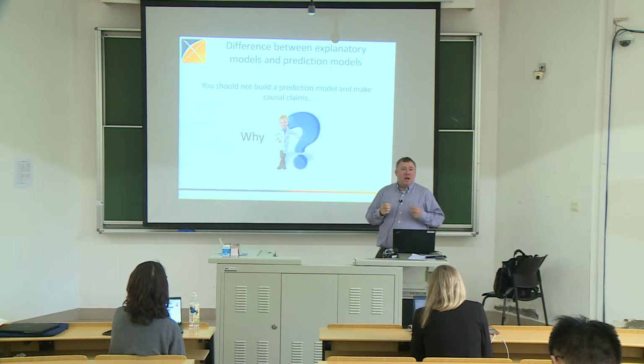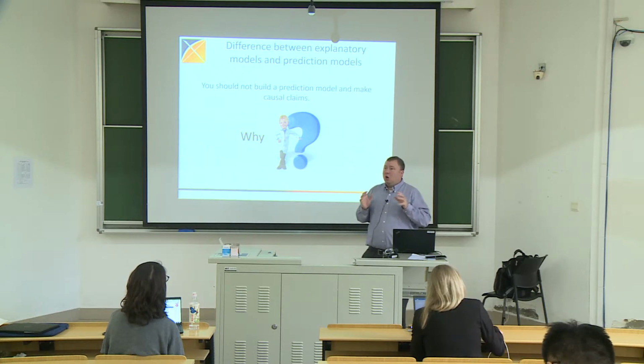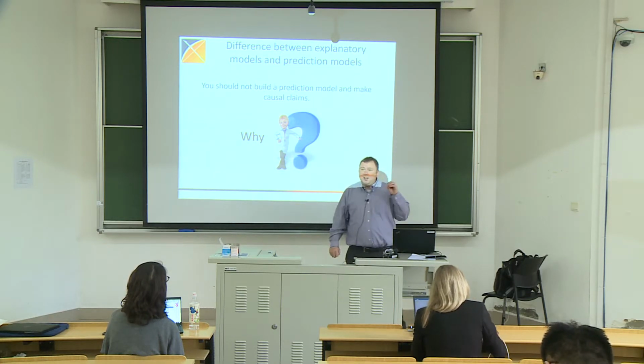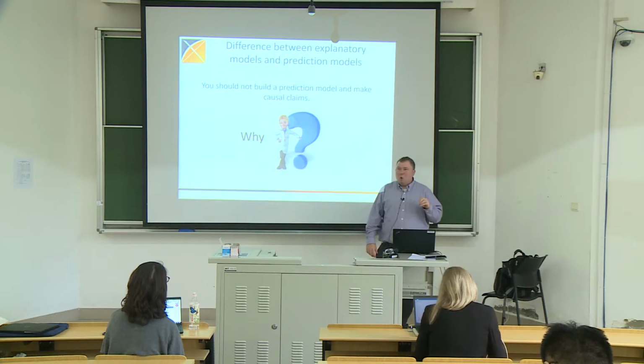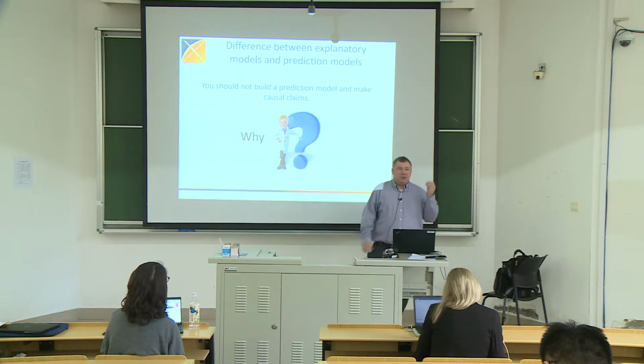And in the same way, when we talk about patient-level prediction here, the models we're producing are not for the purposes of explaining why someone is going to develop the outcome. They are purely for the purposes of assigning a predicted probability to an individual.